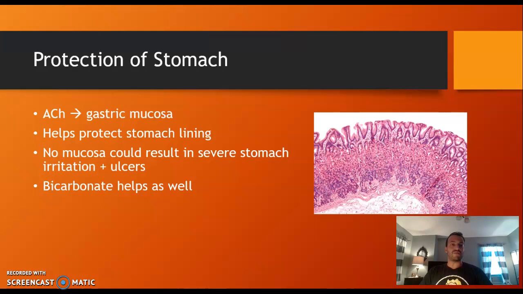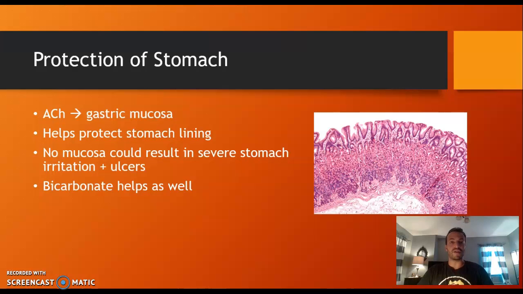Also important to note is the protection of the stomach. Acetylcholine, as I mentioned earlier, secretes gastric mucosa, and this gastric mucosa helps protect the stomach lining. It makes sure that acids or different substances don't irritate our stomach walls.